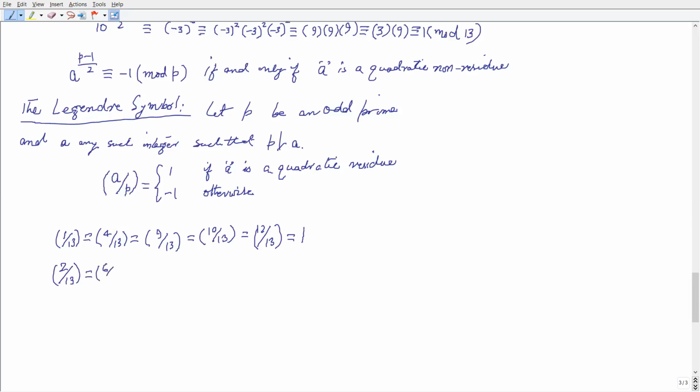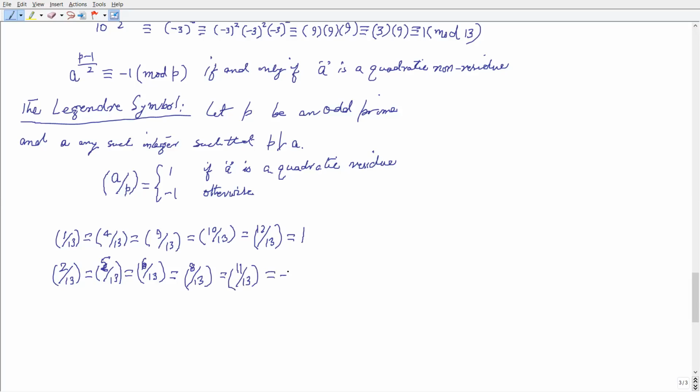And let me write 5 as well. So 5 and 6 are not quadratic residues. 6 is a quadratic non-residue, and 8 is a quadratic non-residue. 11 is also a quadratic non-residue.